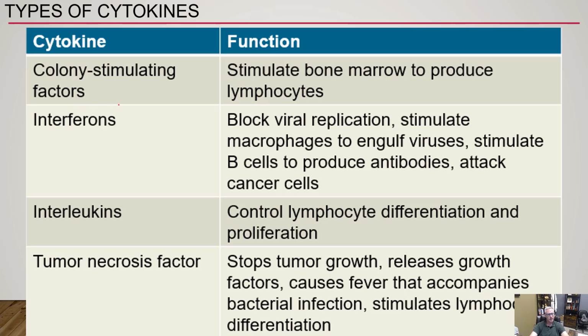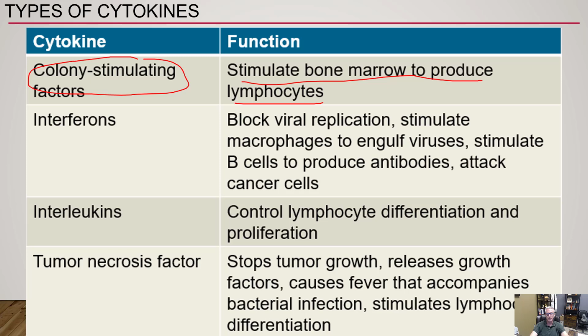We have these things called colony stimulating factors that stimulate the bone marrow to produce lymphocytes. So remember, B cells are proliferated in the bone marrow. So colony stimulating factors cause B cells to grow and mature.